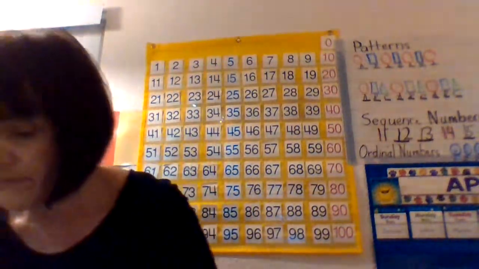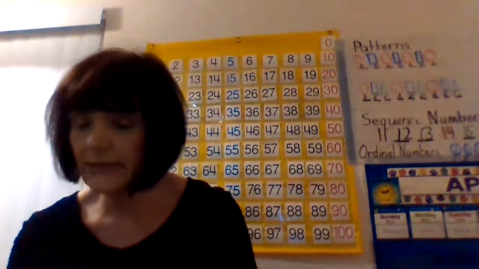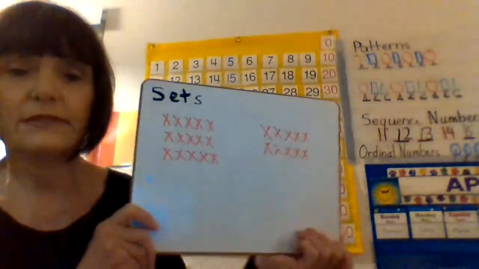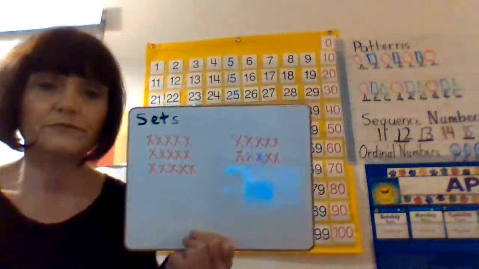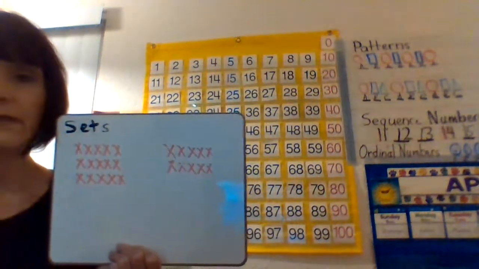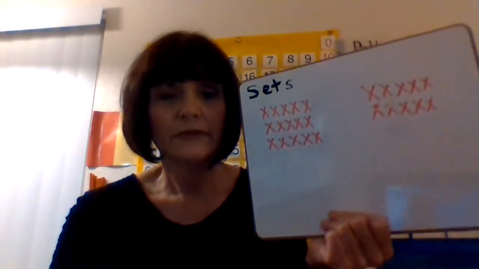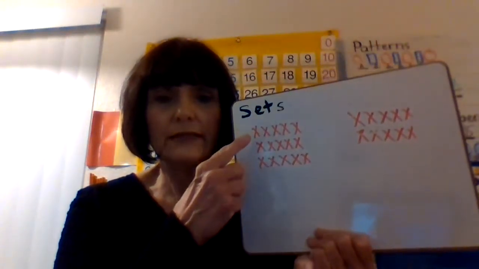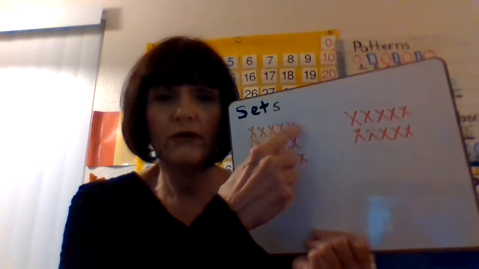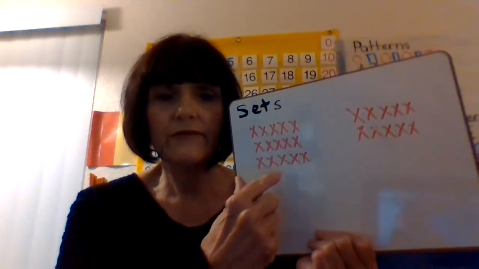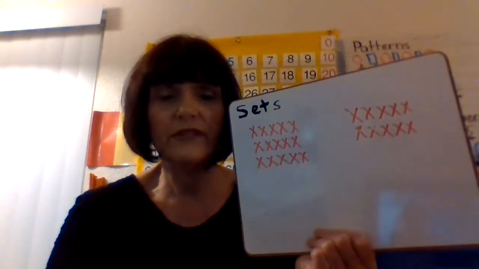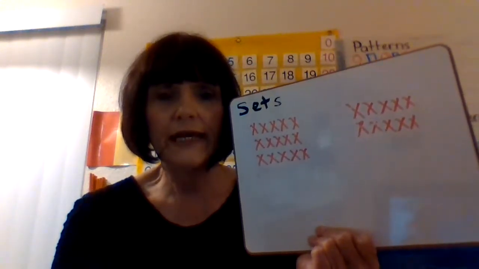I wanted to know about my sets of items. I wonder which one has more. Oh yes, let's see these sets. 1, 2, 3, 4, 5, 6, 7, 8, 9, 10, 11, 12, 13, 14, 15. 15 X's.